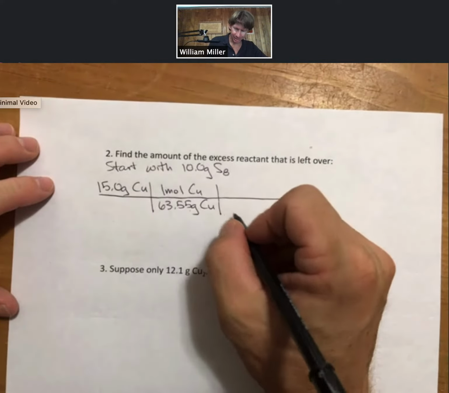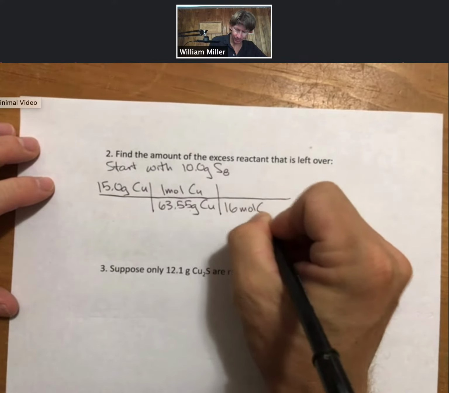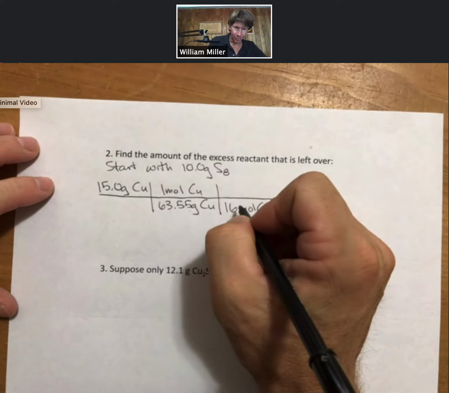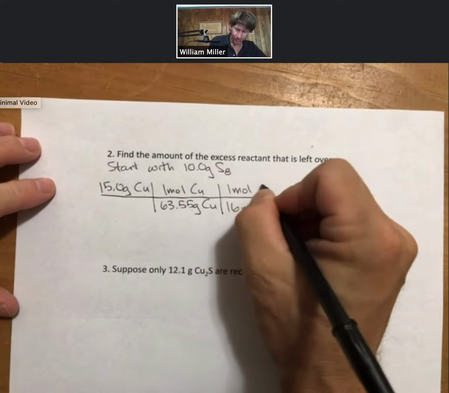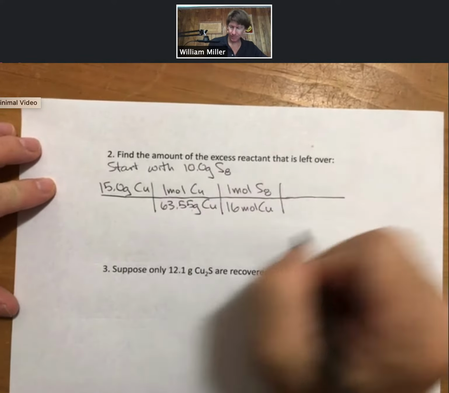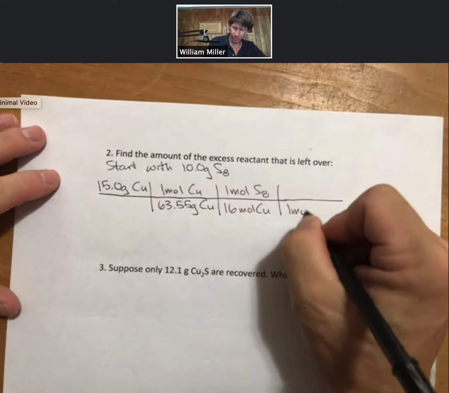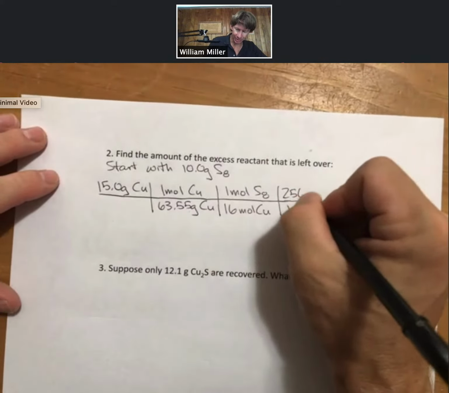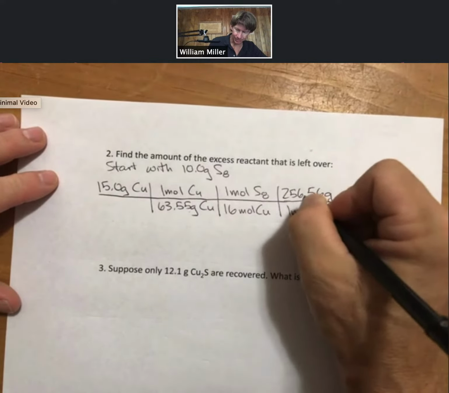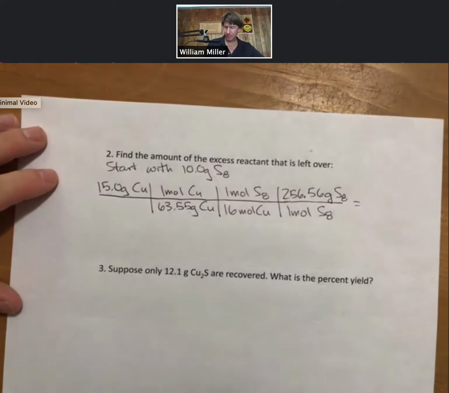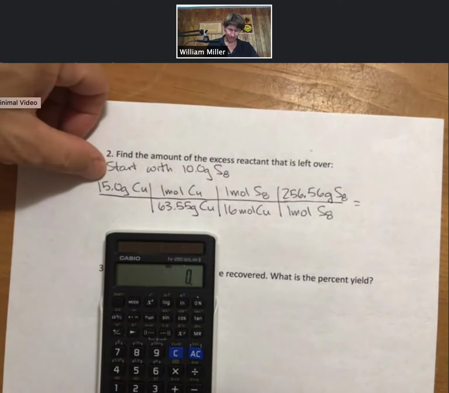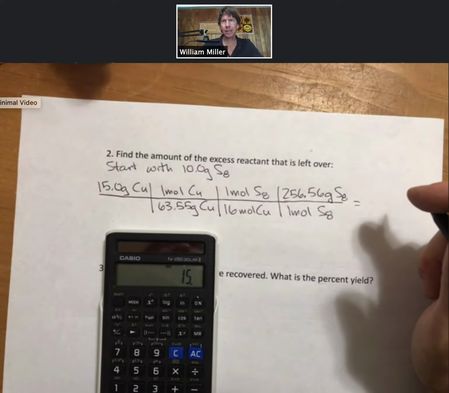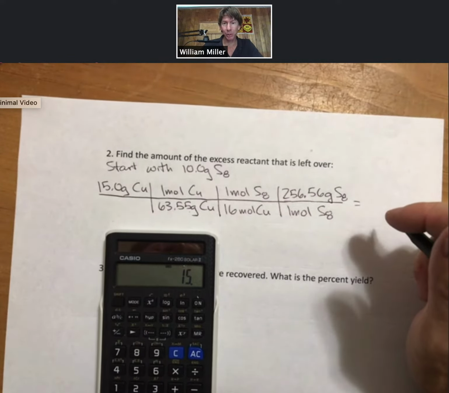Now for every 16 moles copper, we have 1 mole of sulfur. And for sulfur, 1 mole has a mass of 256.56 grams. Plugging this in, and you can see that getting comfortable with your calculator is really important for this.